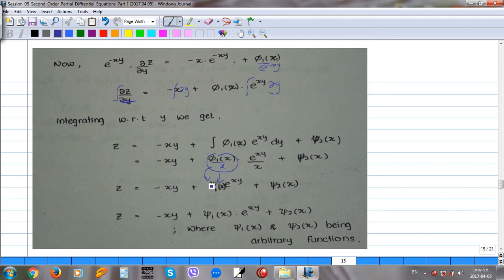So finally you can write the answer. If you keep the answer this way, that is also correct, but here we can introduce another constant, and finally you can take the answer as z equals minus xy plus two constants times e to the power xy, right?